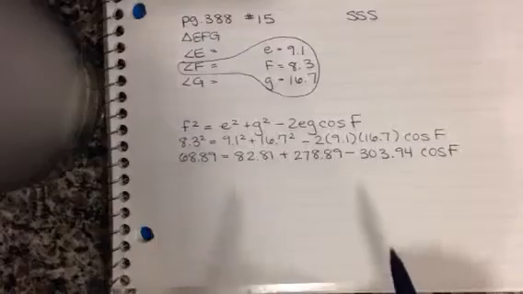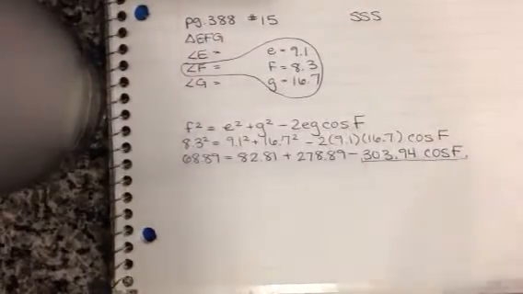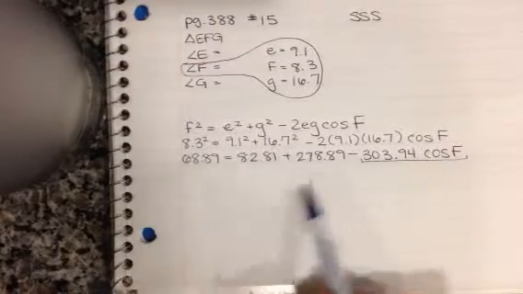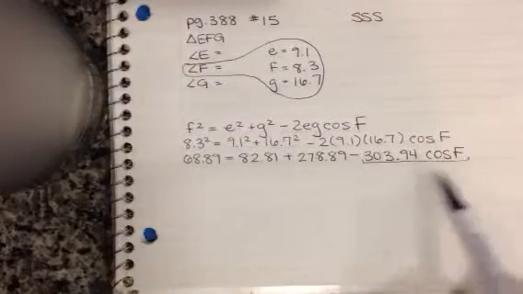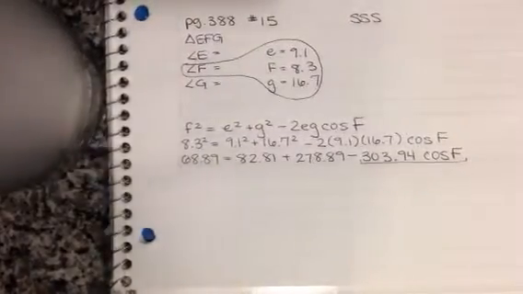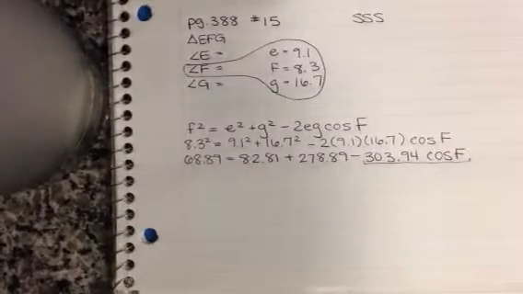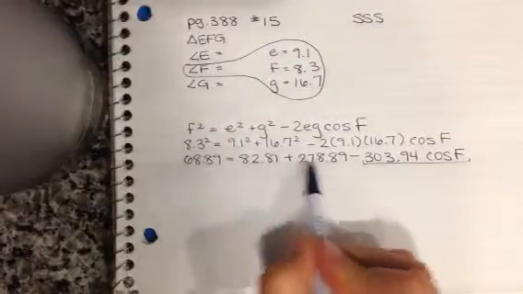Okay, here, this is what I want to get by itself. So I'm going to put these two together and then subtract it, and then I'll have a number equals this that I'm trying to get by itself. So 82.81 plus 278.89. So I'm adding these two together.